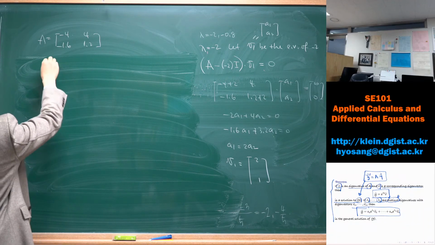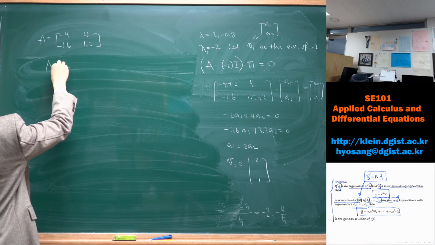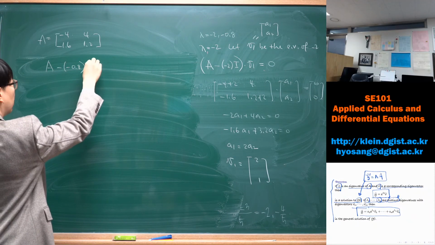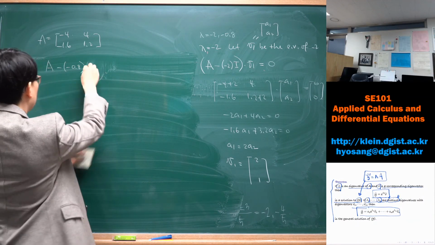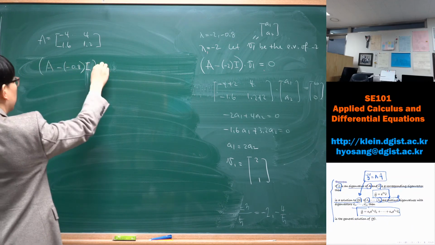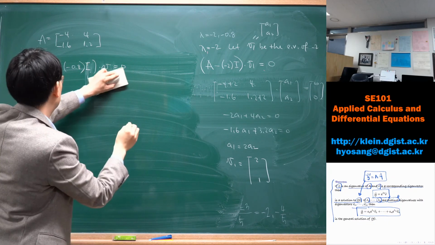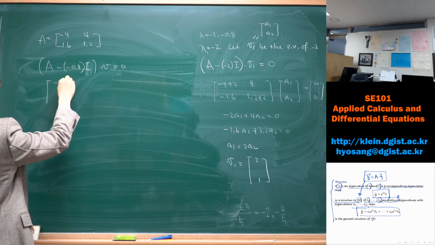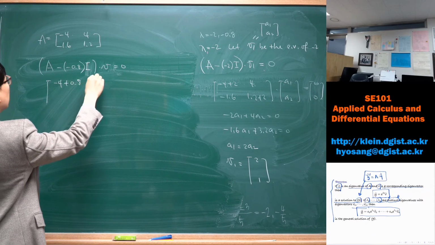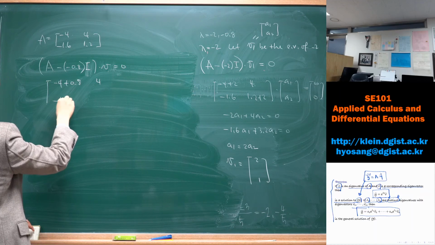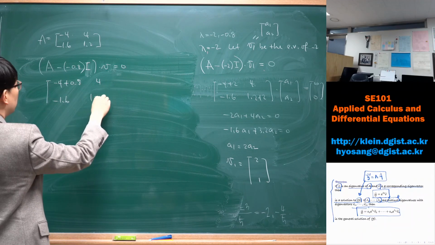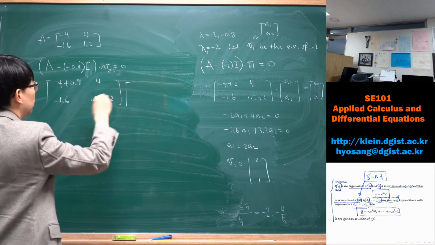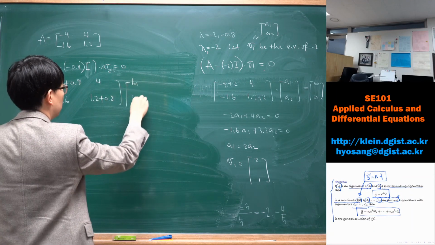So A minus 0.8 times I times v equals 0 gives minus 4 plus 0.8, 4 minus 1.6, 1.2 plus 0.8 times, let's say this is v2, and let's say b1, b2 here.